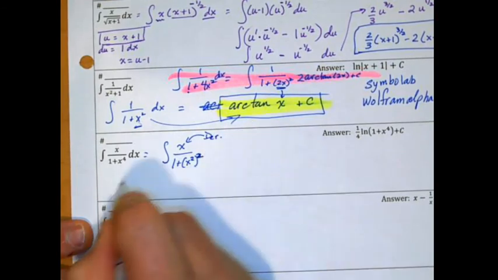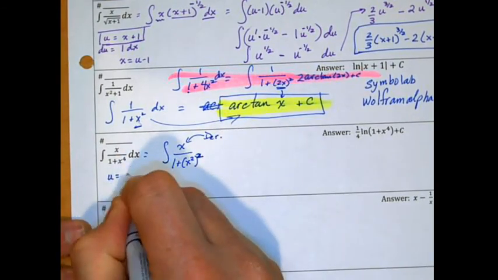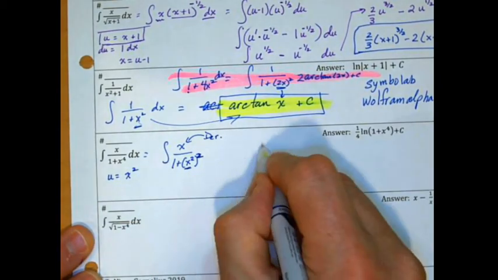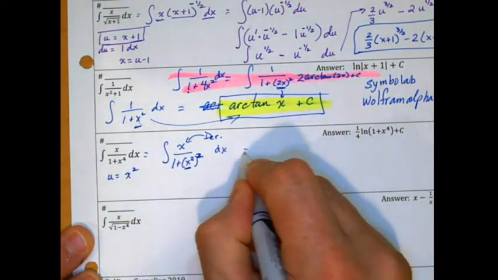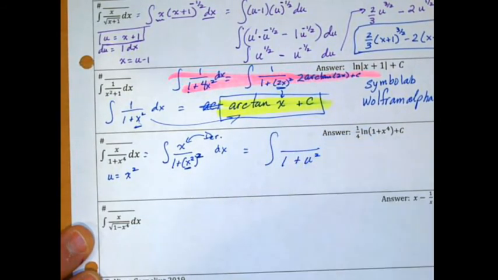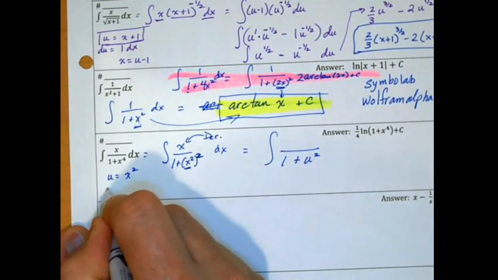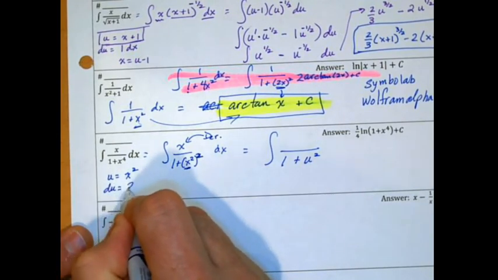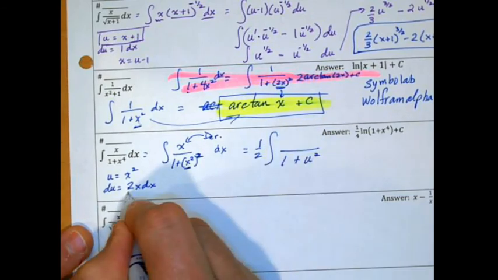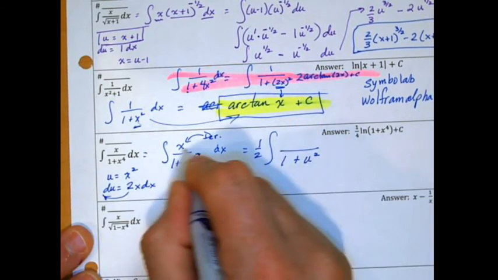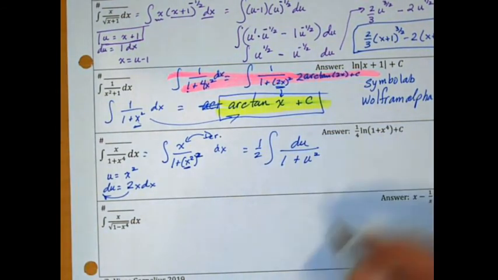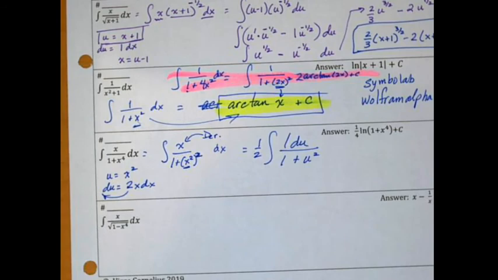Okay, so if I let u equal x squared, this inside, then this is 1 plus u squared. So du is 2x dx. So the 1/2 is going to come out front, and x dx, and that's du, or 1 du over that.